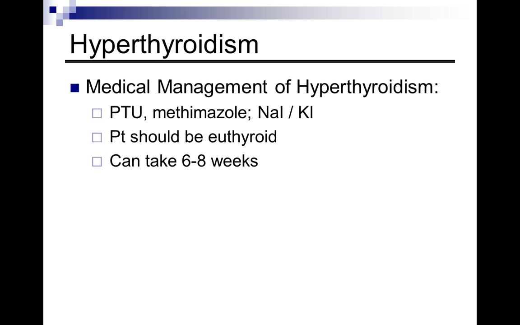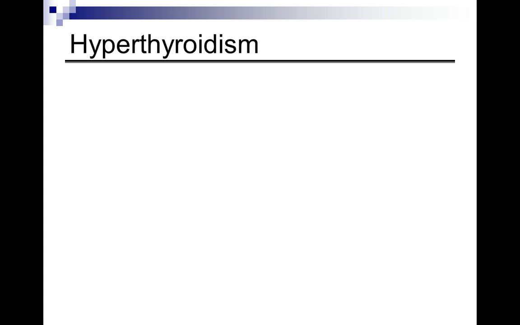The primary medical management of hyperthyroidism involves anti-thyroid medications like PTU, which is propylthiouracil, or methimazole. Patients may also take iodide salts like sodium or potassium iodide. And as far as anesthesia is concerned, we do expect patients to be euthyroid. And from diagnosis of true hyperthyroidism until euthyroid state may take 6 to 8 weeks to medically manage and optimize these patients. And except for emergency surgeries, these patients should be postponed until their thyroid levels are under control.